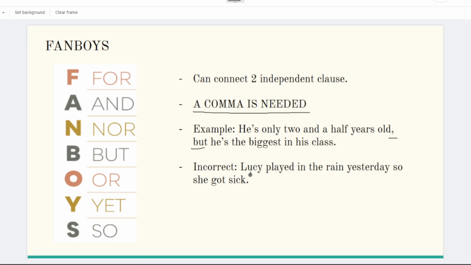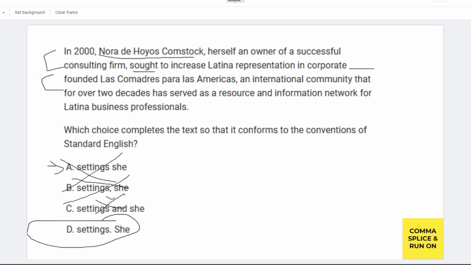Here, our first independent clause is Lucy played in the rain yesterday, which makes sense on its own, comma, so she got sick. She got sick is another independent clause. Here, if we go back and look at C, if there was a comma over here, then yeah, this could be the answer too. But there was no comma.